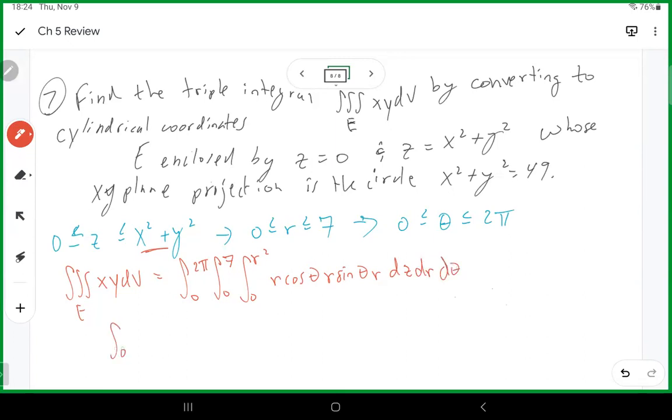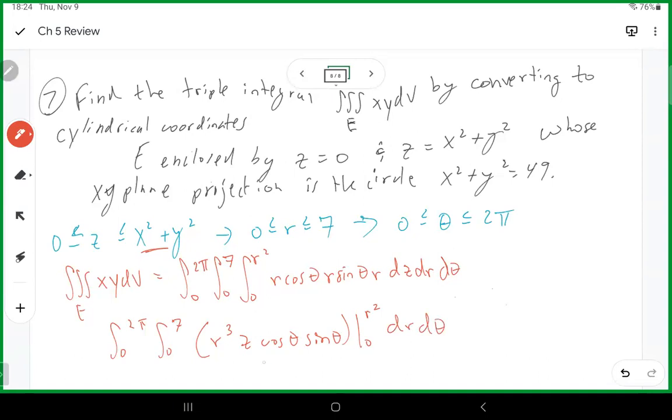And at this point, you're really just getting to your answers. This would be r cubed, z cosine theta, sine theta from 0 to r squared, and then dr d theta.